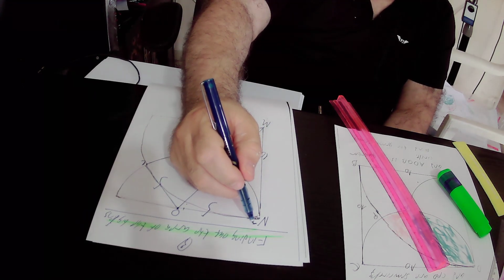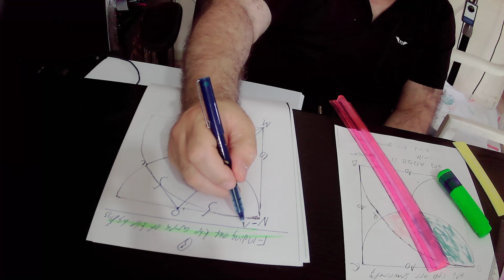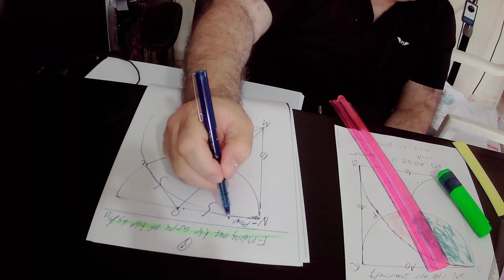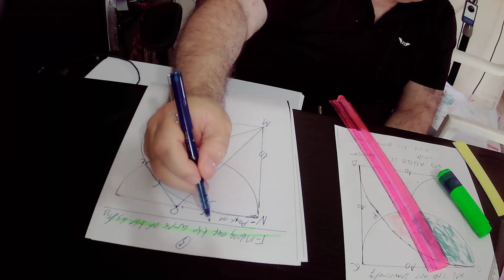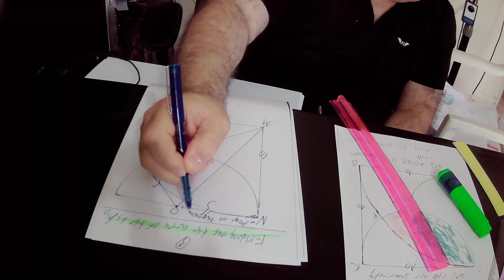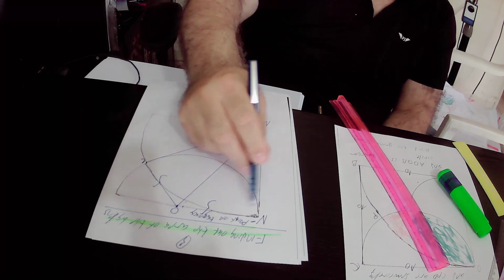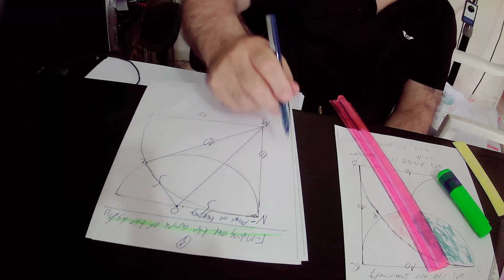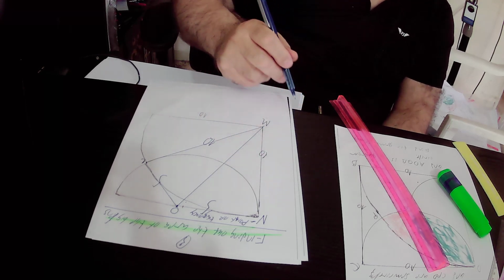So point N is the point of tangency of tangent NO with this quarter circle. And we have the radius MN that is drawn to the point of tangency.